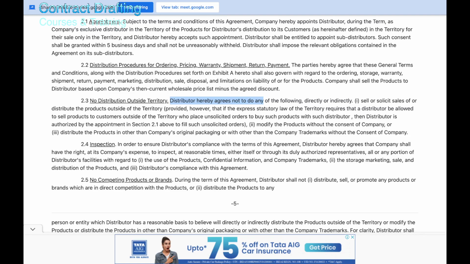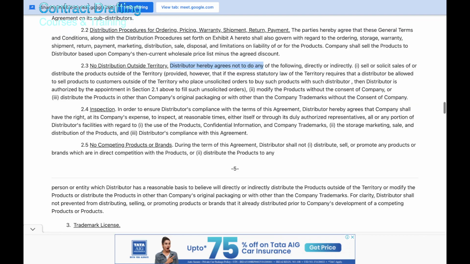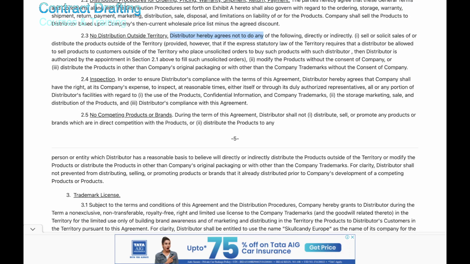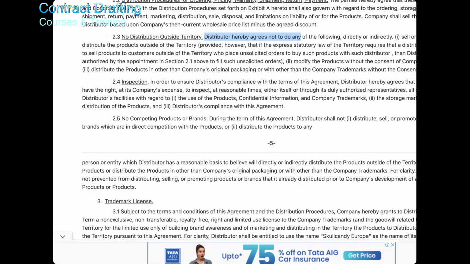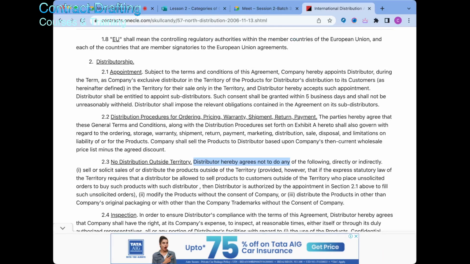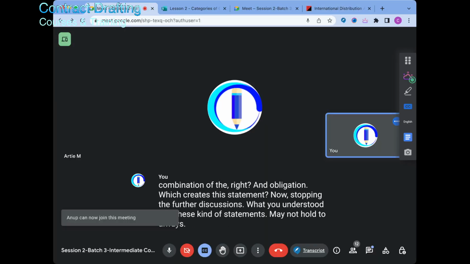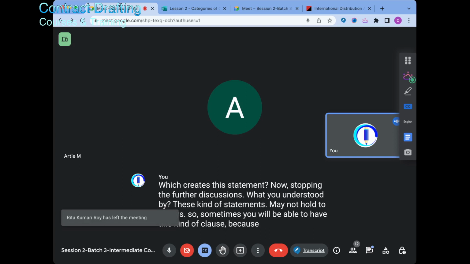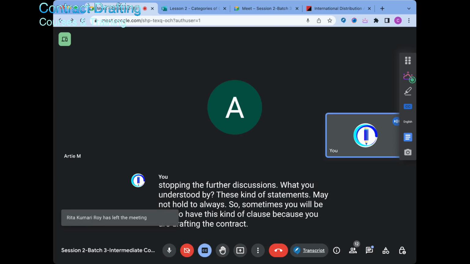Now, stopping the further discussions, what you understood by these kind of statements may not hold true always. Sometimes you may be able to have this kind of clause because you are drafting the contract, so you will be able to create the contract with clear language.